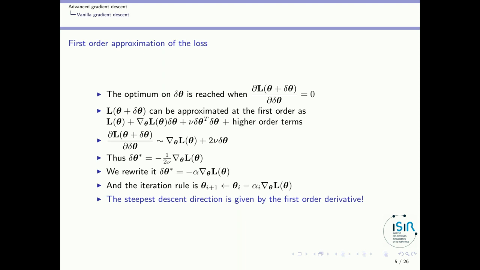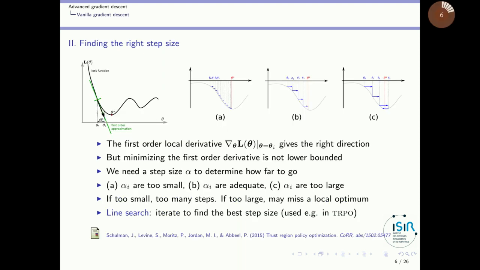So with this simple mathematical explanation, you see that the steepest descent direction, the one that finds the optimum delta theta so as to minimize this, is given by the first order derivative. Now the second question is, how do we find the right step size?